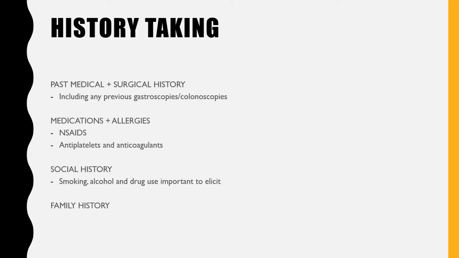Any medication is useful to know about, but things you might be interested in is whether they take NSAIDs, as this is a risk factor for peptic ulcer disease, and also whether they're on any antiplatelets or anticoagulants, as if they need emergent surgery, sometimes this can be a problem and they might need to be reversed. And as always, you should do a social history and a family history.